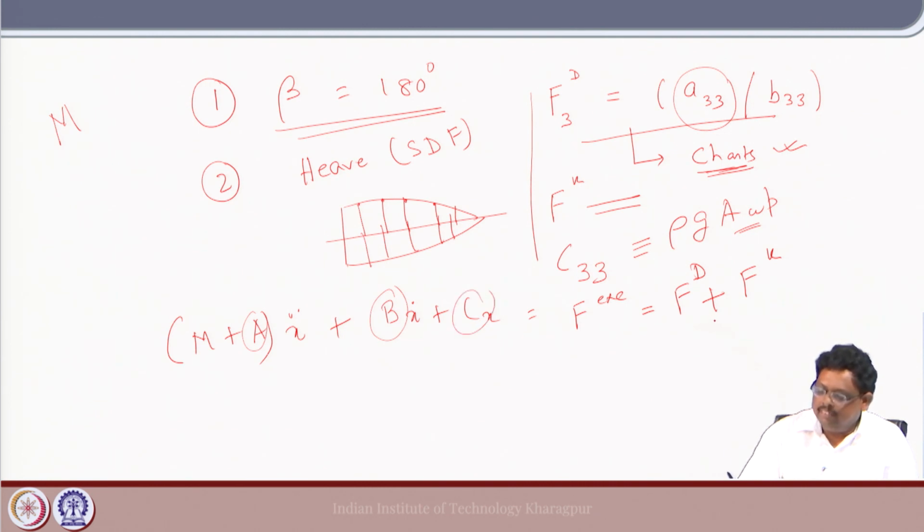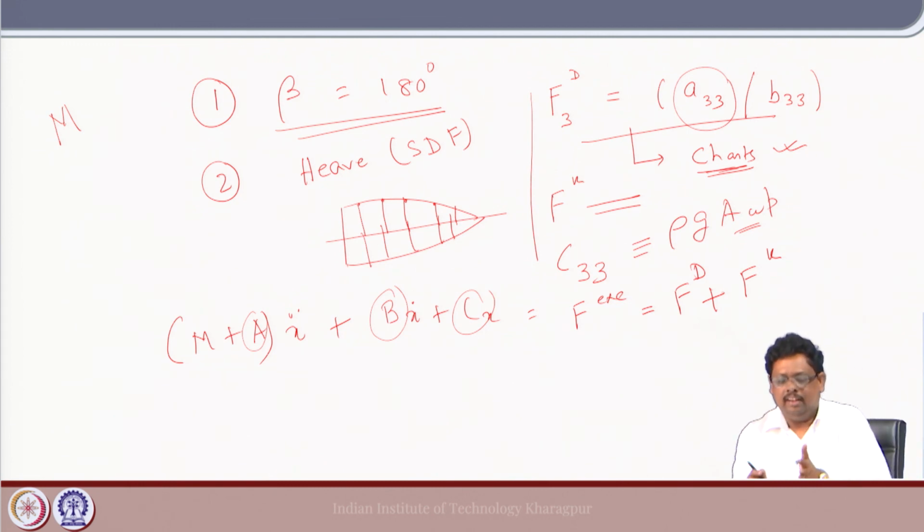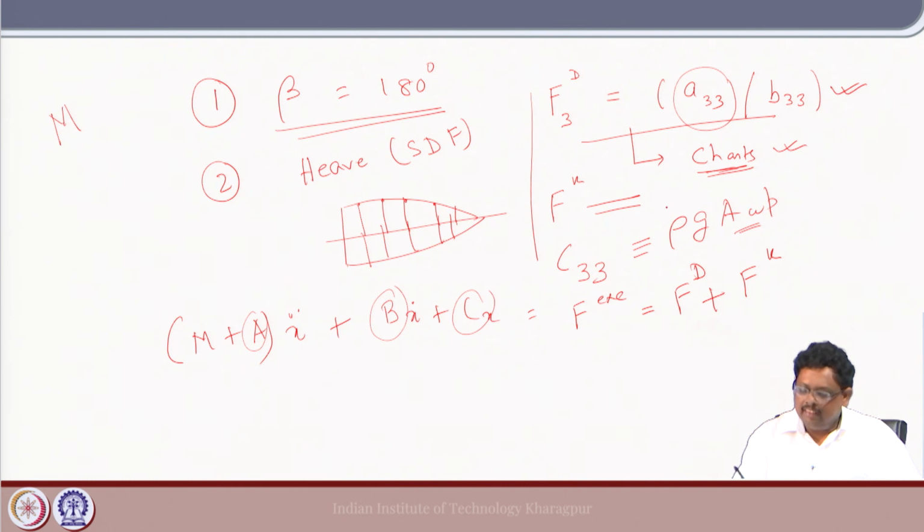Then you need to find out the amplitude of FD using the method that we have discussed, the diffraction force in terms of added mass and damping. So, using that you get the diffraction force amplitude, and then you will get the Froude-Krylov force amplitude.